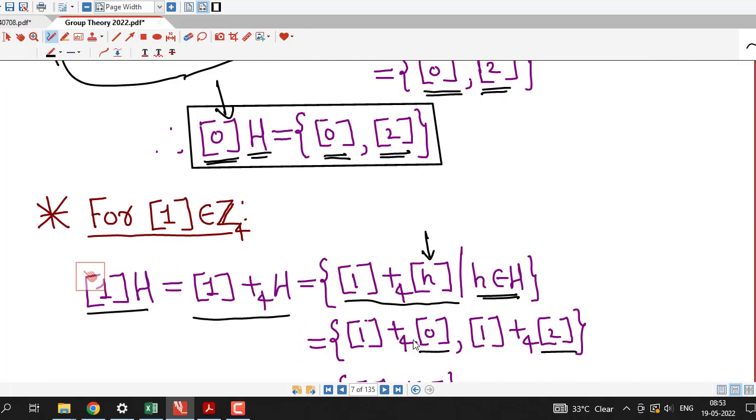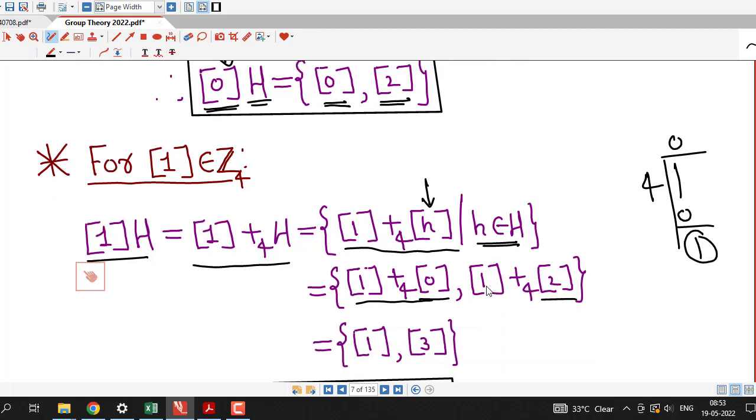So this is 1 plus 0, that is 1, and the remainder when 1 is divided by 4 is 1. Similarly, this is 1 plus 2, that is 3, and the remainder when 3 is divided by 4 is 3.